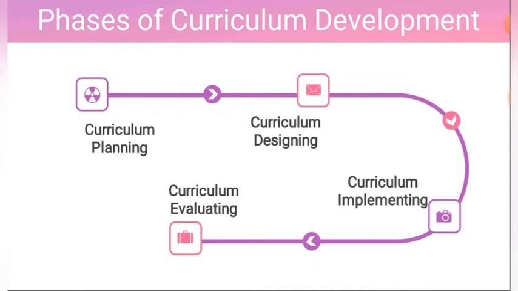The second is curriculum designing, which is the way curriculum is conceptualized to include the selection and organization of content, and learning experiences or activities, and the selection of assessment procedures and tools to measure desired learning outcomes.